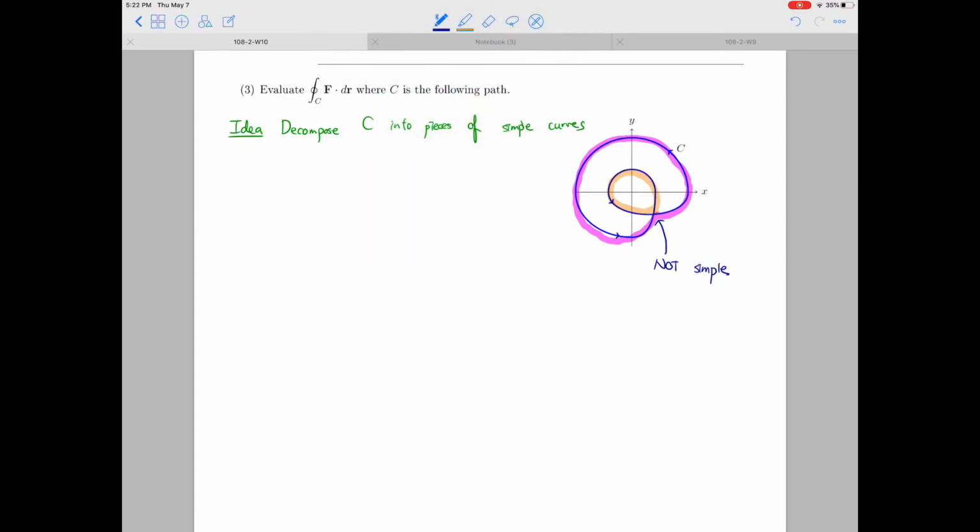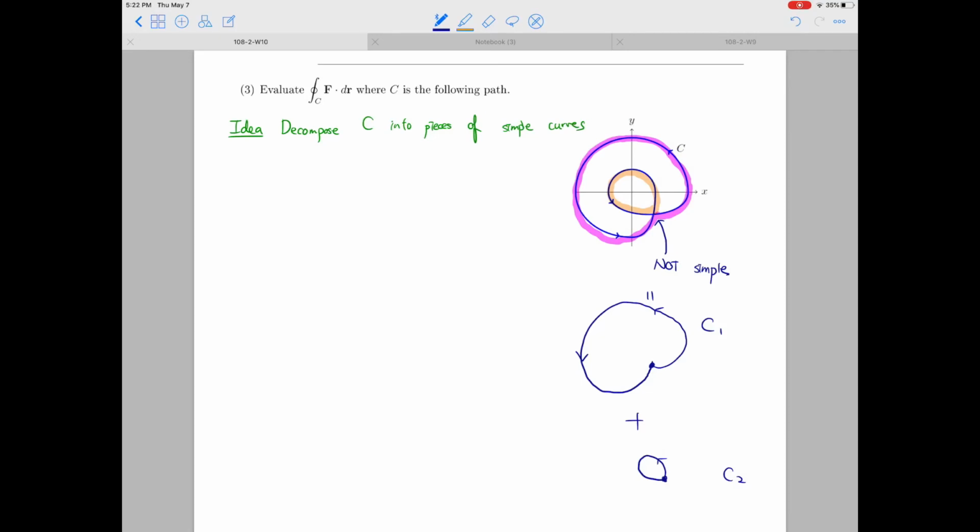So this is really the loop outside, sorry for my drawing, I hope it makes sense, C1. And then there's another loop inside, C2. So it really is C1 plus C2.